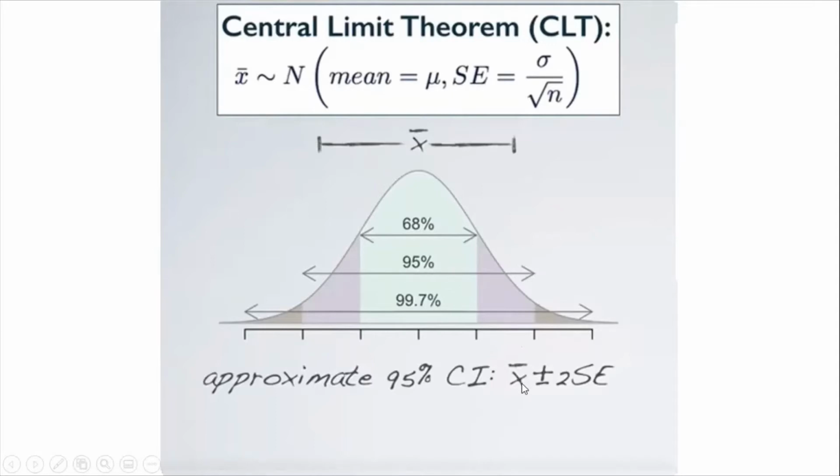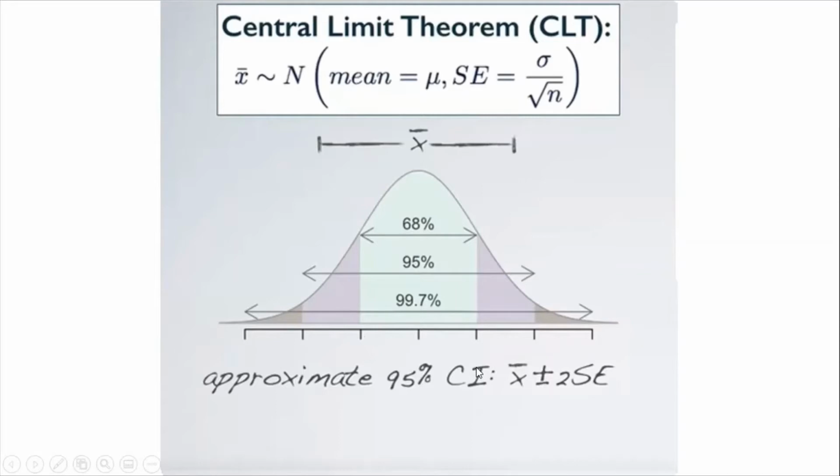And then we're trying to give it a range. We want to capture the true population value 95% of the time. That's why we put the standard deviation, for the 95% CI.